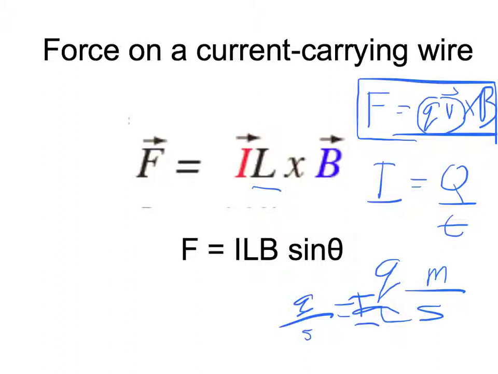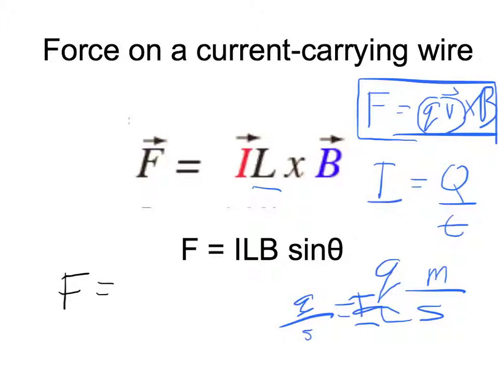And often, especially on the AP exam, the most you'd be asked to do is just two parallel wires or a single wire in a magnetic field where the wire is perfectly perpendicular to the field, and so there usually wouldn't be any theta for you to deal with.